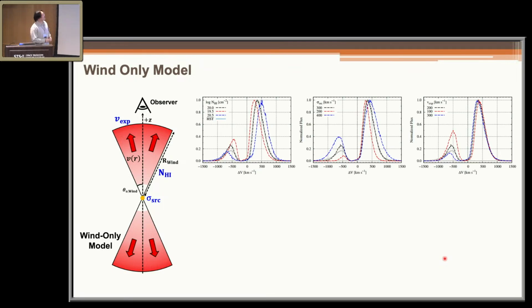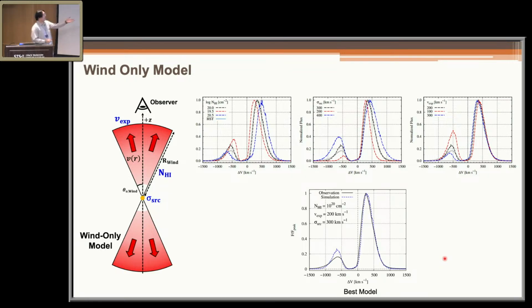These three panels show the spectra for different column densities, input widths, and outflow velocities. I compared the Lyman alpha spectra over a broad parameter range and found the best model: H1 column density 10^20, outflow velocity 200 km per second, and Gaussian width of the intrinsic Lyman alpha of 300.